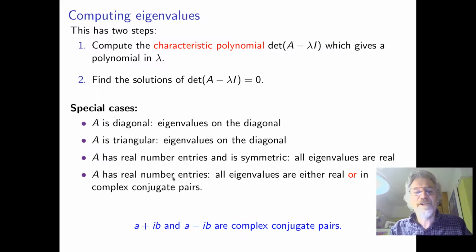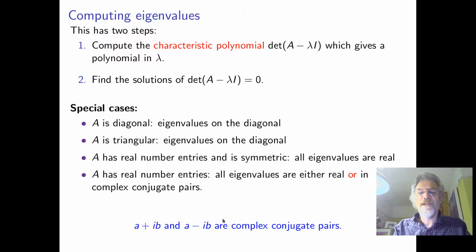If you have a general real matrix, the eigenvalues could be real or complex, but if they're complex, because you're solving a polynomial, they'll come in complex conjugate pairs. So they'll be of the form something plus i something else and something minus i something else. In other words, complex conjugates together. And that's really just because of the quadratic formula having a plus or minus square root in it.